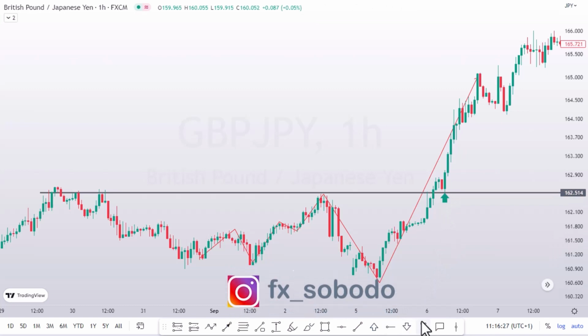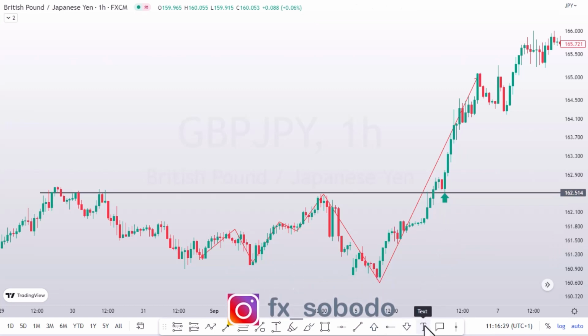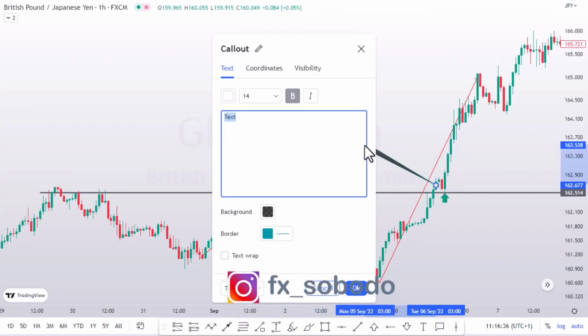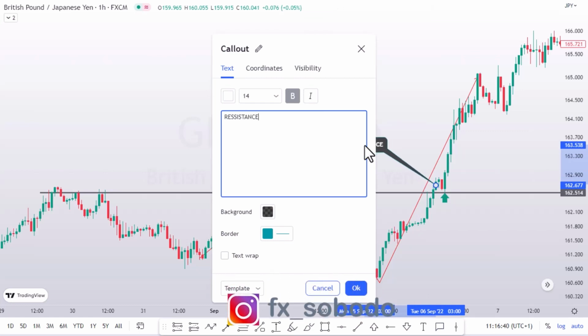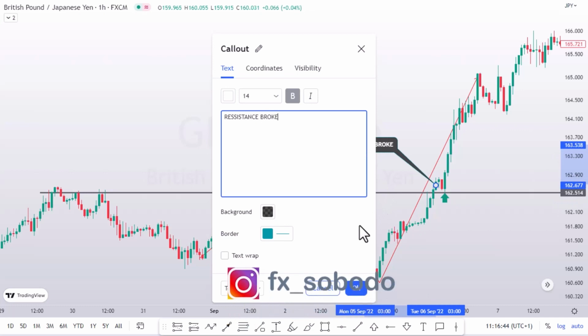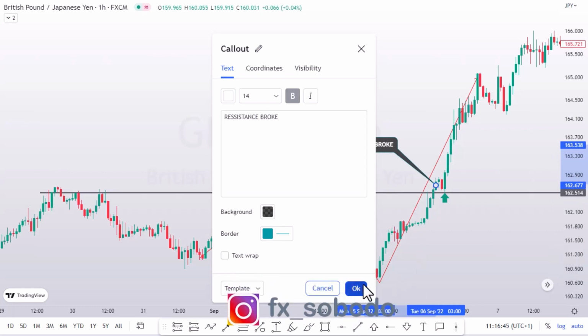It came and retested that same line, and upon retesting, we buy. Here, resistance got broke. Resistance broke at this level.